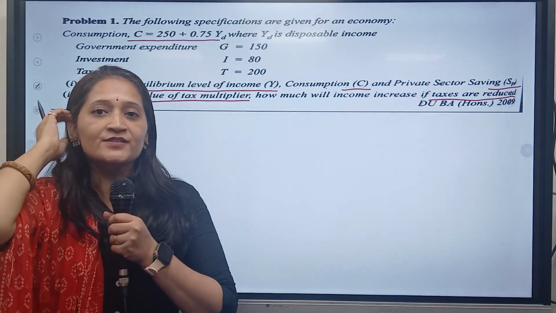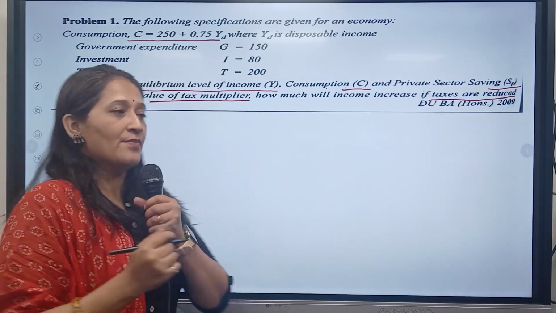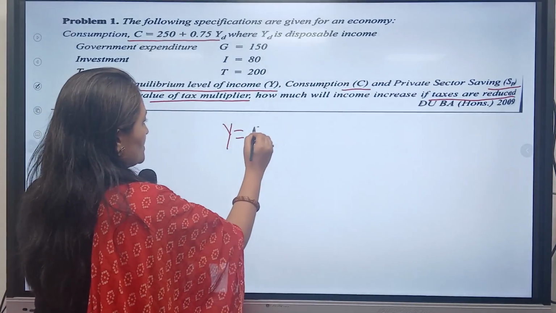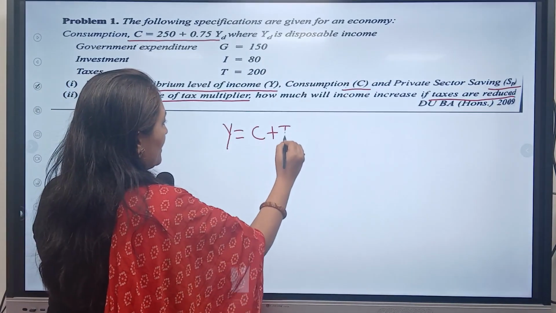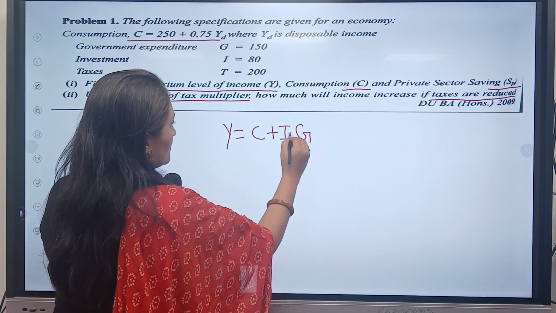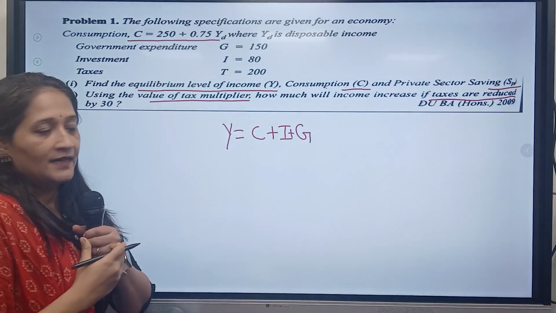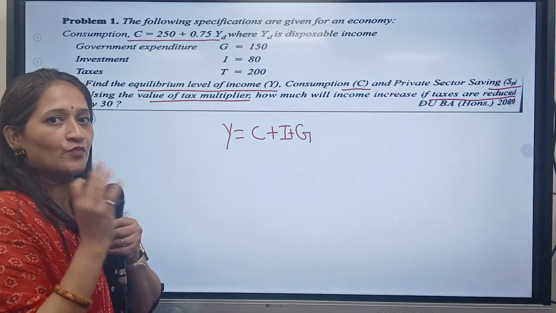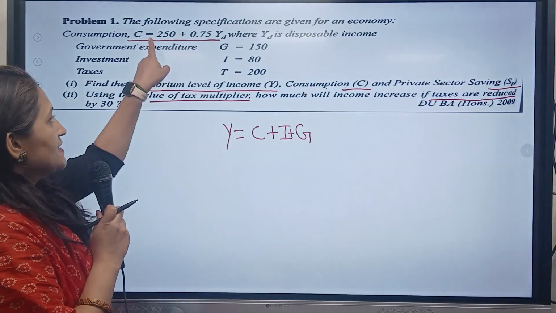As you know, the equilibrium level of income in a three sector economy is Y equal to C plus I plus G, right? And here we have been given a consumption function, so we will replace C with this consumption function.